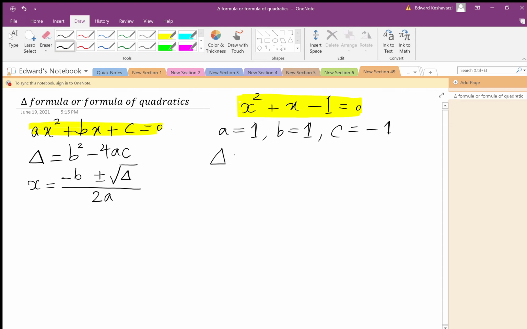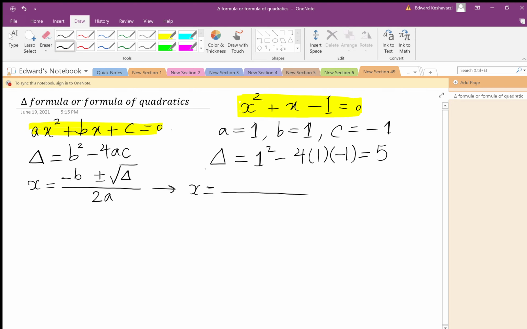Therefore, I'm going to set up delta, which is b squared minus 4ac. By doing the math, it'll come to 5.